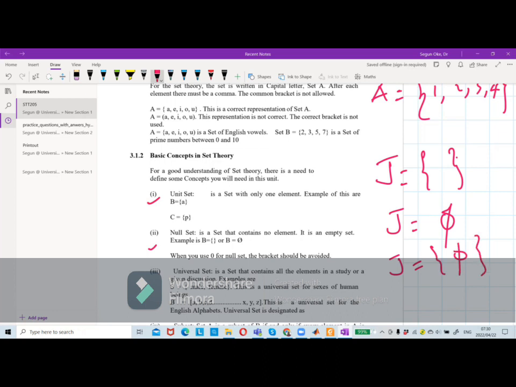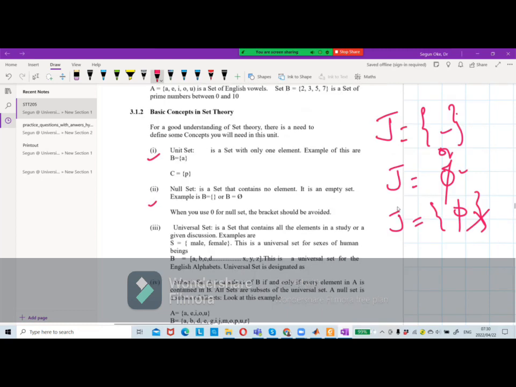No, it simply means it contains something. So it must be either empty or you use the sign. Either this or you use this. Don't put the two together. This is not correct. Please take note of that. That's what we call a null set, or a set that contains no element.